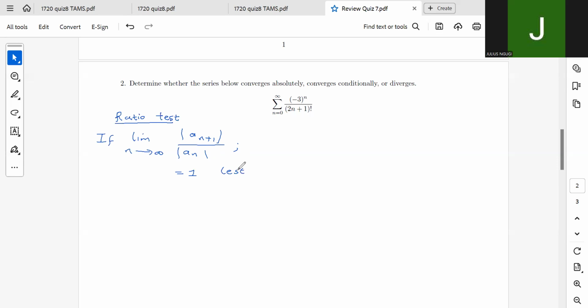We cannot use this test to determine convergence if the answer equals 1. If the limit is strictly greater than 1, then the series diverges. And if the limit as n becomes big is strictly less than 1, then the series converges absolutely.